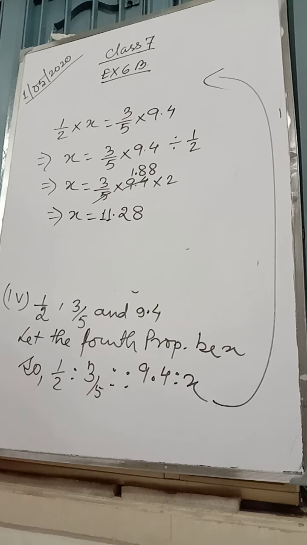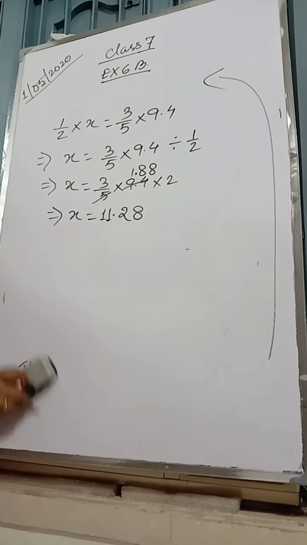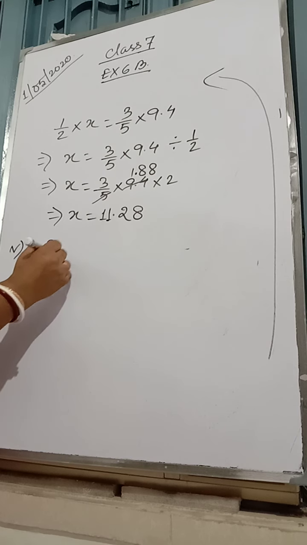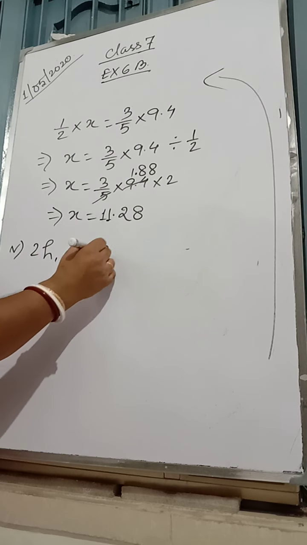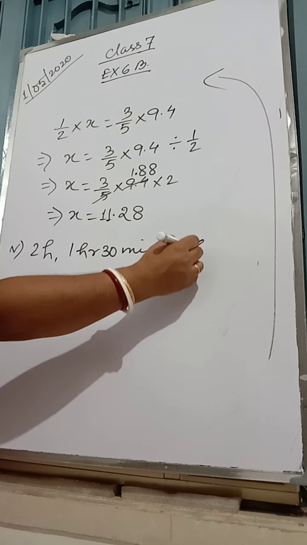Number 5 is given 2 hours, 1 hour 30 minutes and 6 hours. 1 hour 30 minutes, you can convert it into hours. Everything should be in hours or everything should be in minutes. Look at this also. Afterward, we will be solving the next questions. Is it?